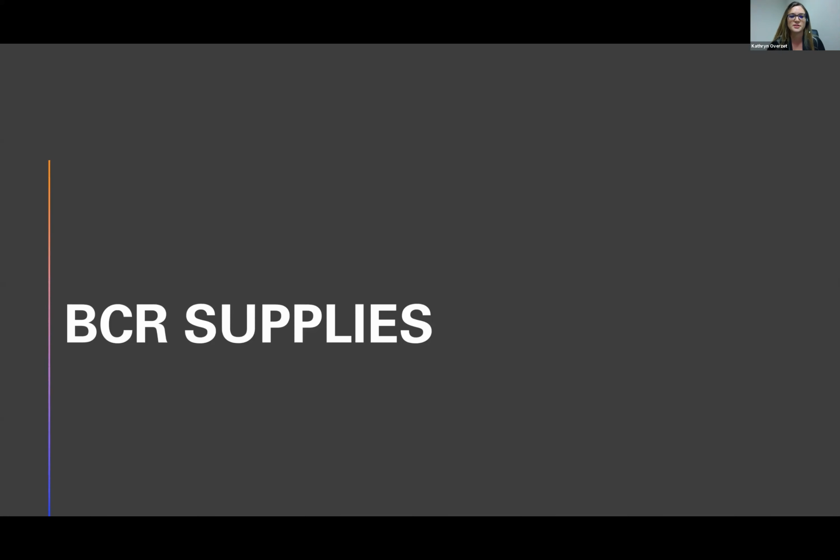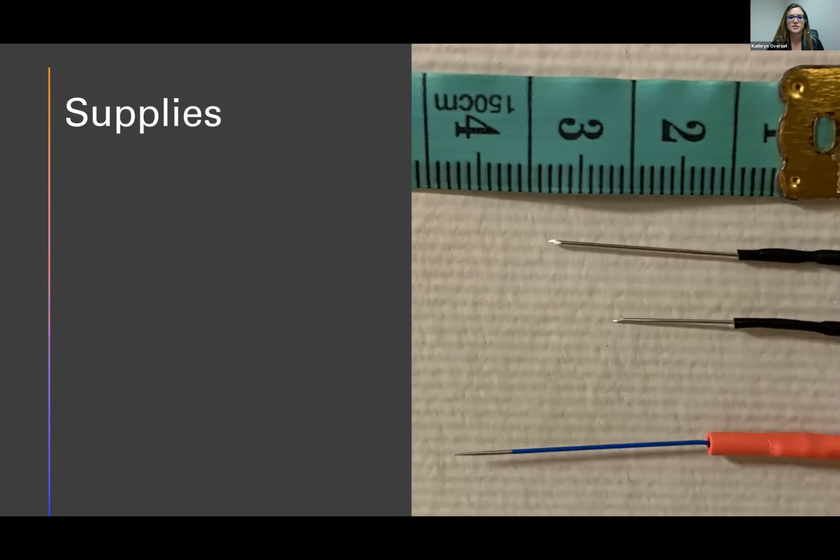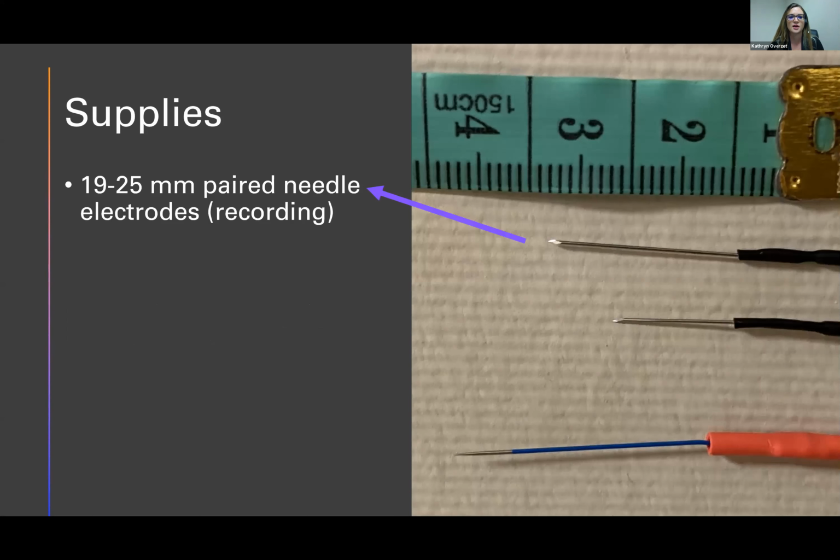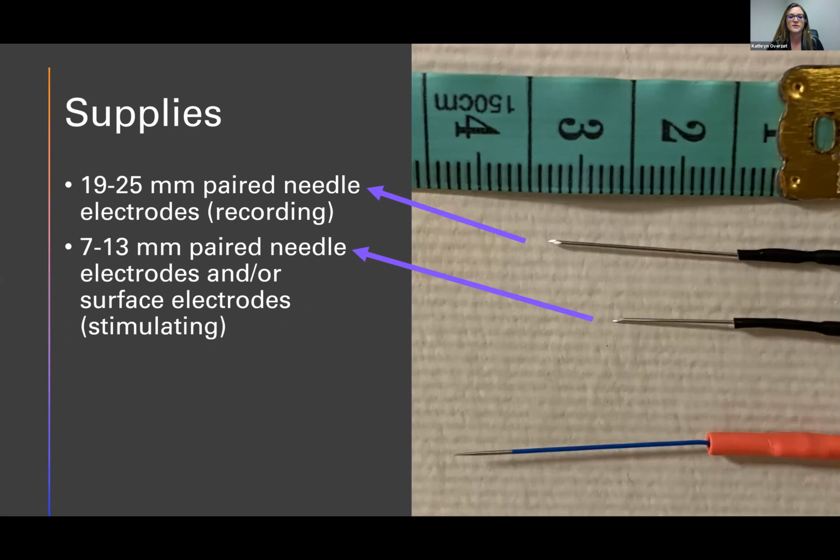The supplies that we use: we recommend a 19 to 25 millimeter paired needle electrode for recording, and then 7 to 13 millimeter paired needle electrodes or surface electrodes for stimulating. I'll go into a little more detail about the difference between using a paired needle versus a surface electrode in a moment.